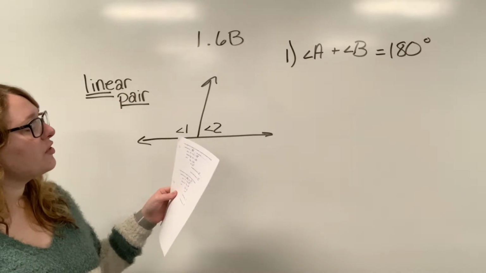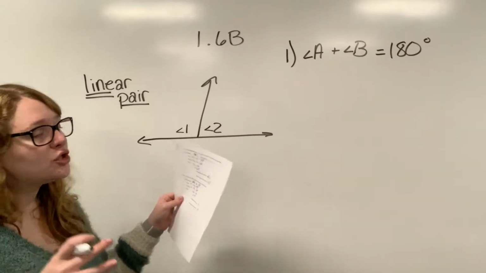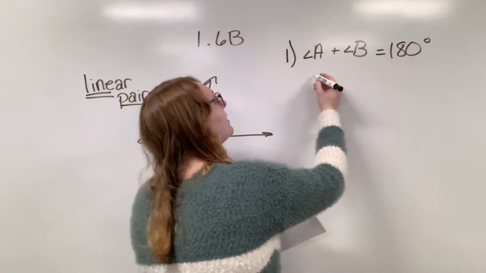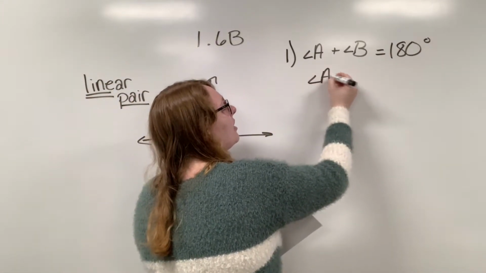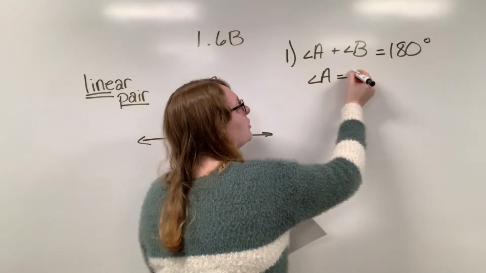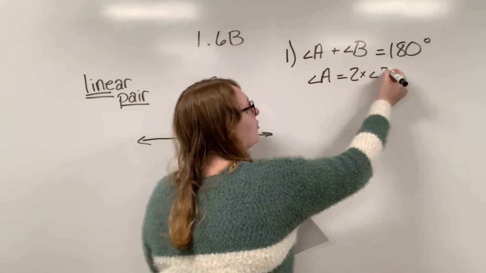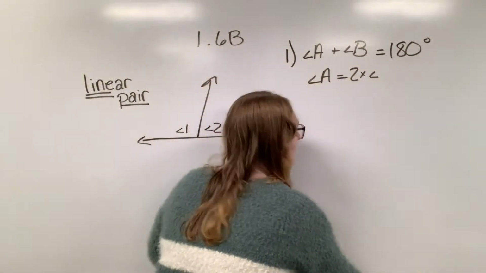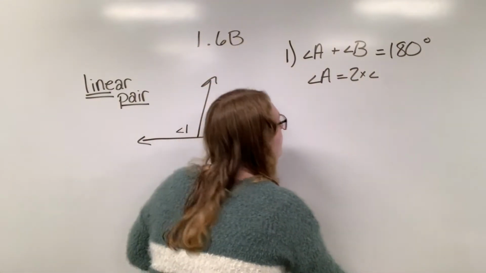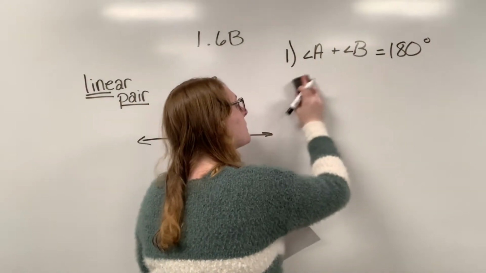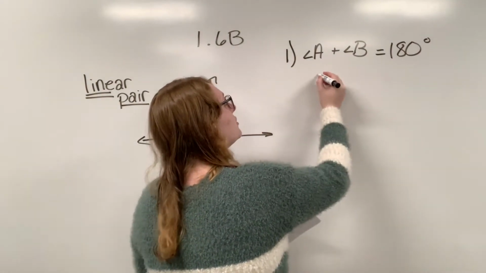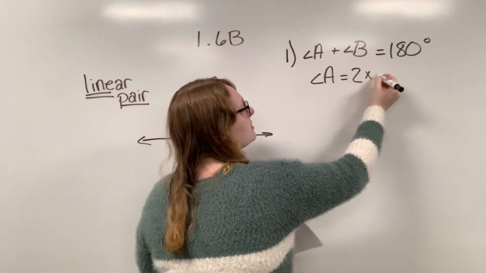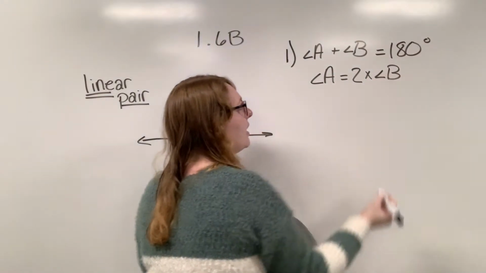Now we also know that the measure of one of the angles is twice as big as the other one, okay? So let's write a little formula like this. Angle A is equal to twice of angle B, okay? So angle A is equal to 2 times angle B, okay?